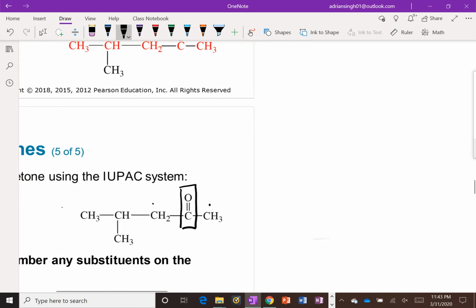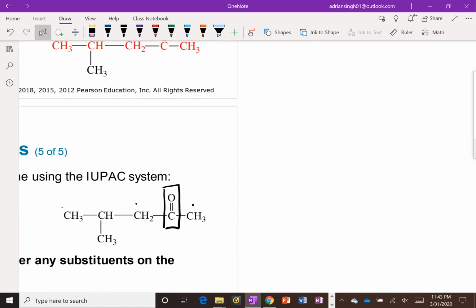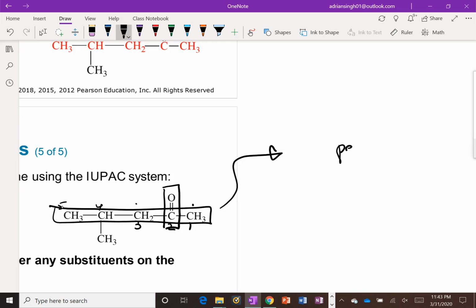That would make it a ketone. All right, our longest continuous carbon chain that contains the carbonyl would be 1, 2, 3, 4, 5. All right, so that would mean then that it's a pentanone. The carbonyl is on carbon 2, so it's 2-pentanone.